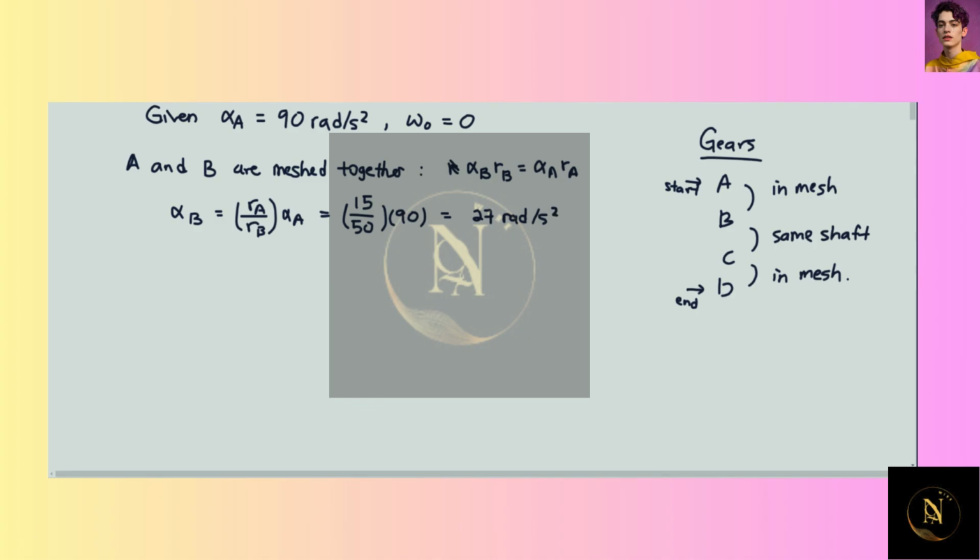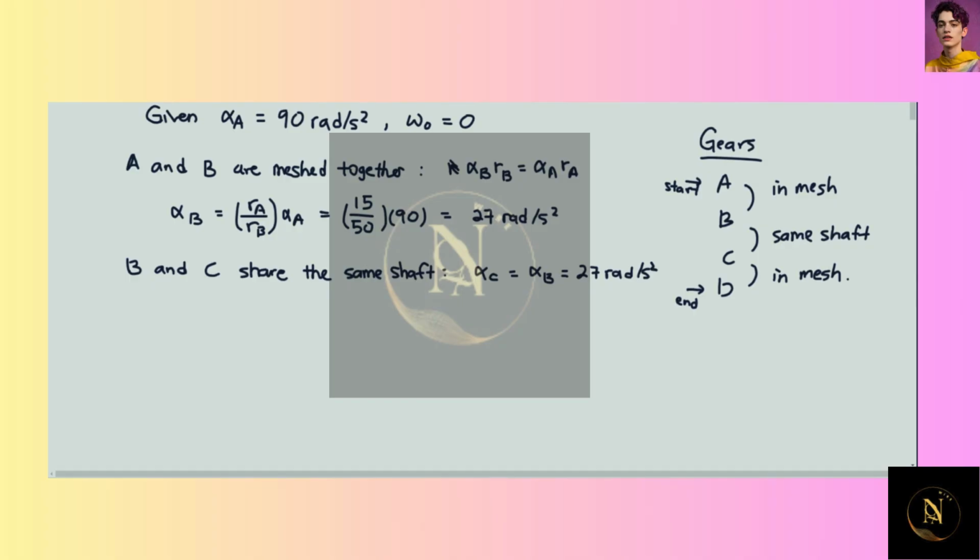Then B and C share the same shaft, so alpha C equals alpha B equals 27 radians per second square.